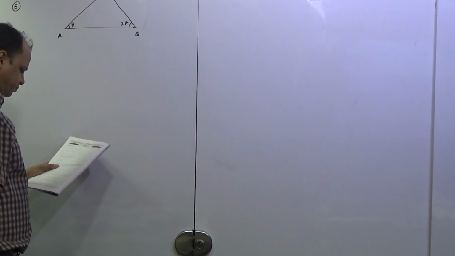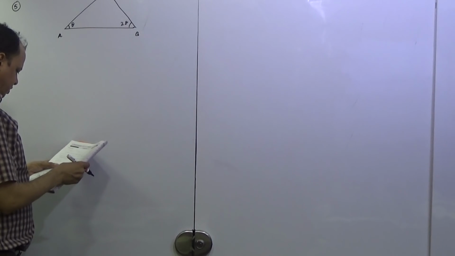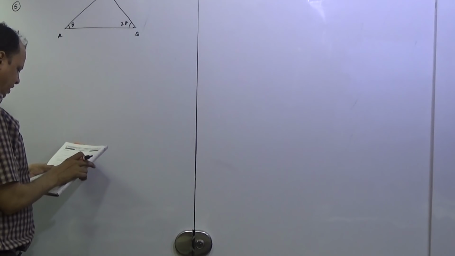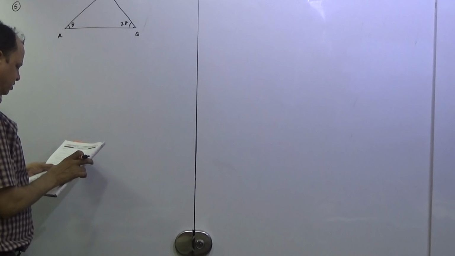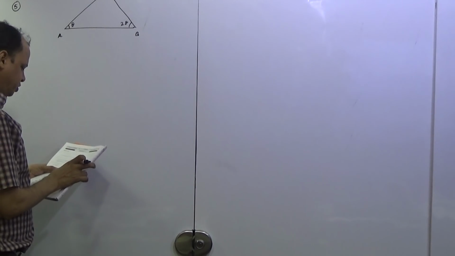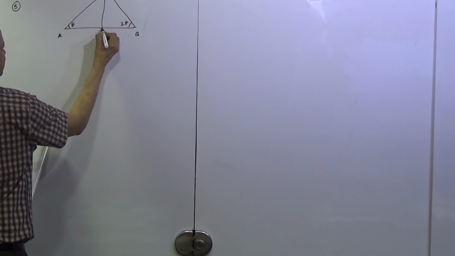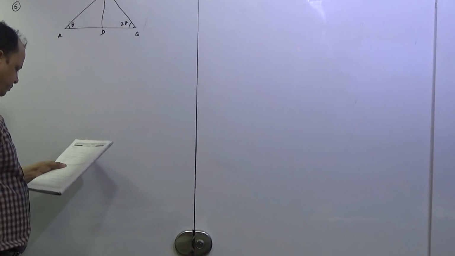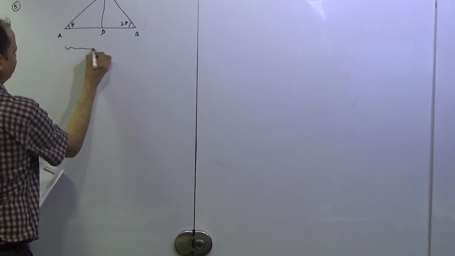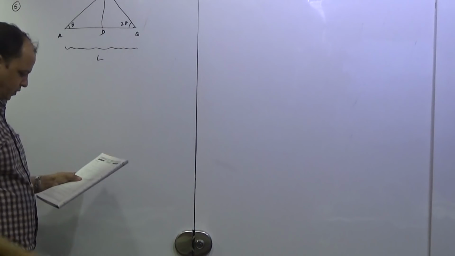It is given with the given line segment. Let D be the foot of the perpendicular, or foot of the altitude CD. This point is given to you, D, and this length is given to you, L. Yes, sir.